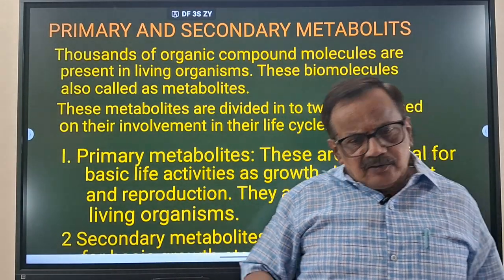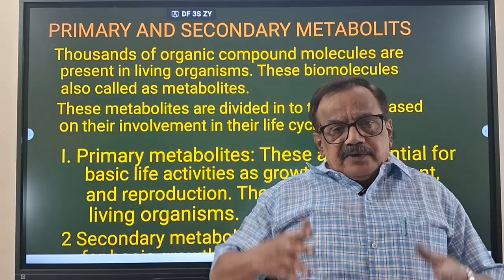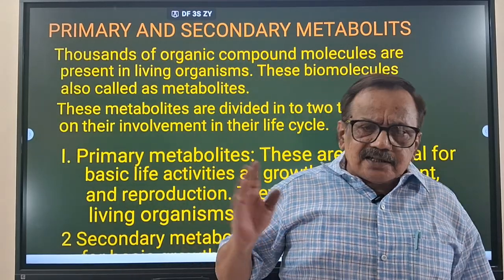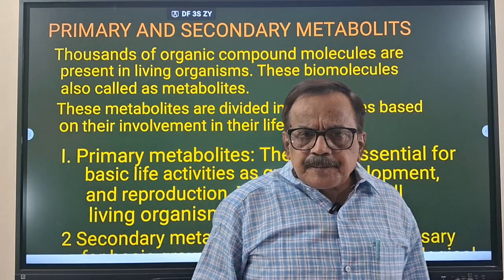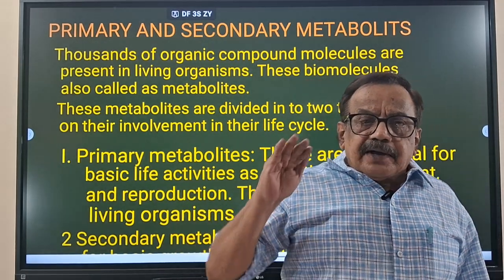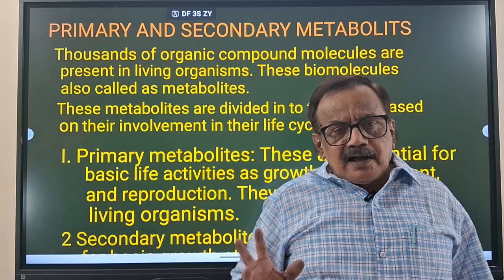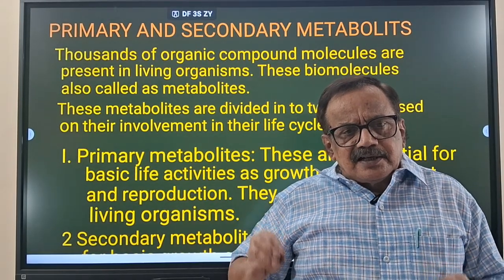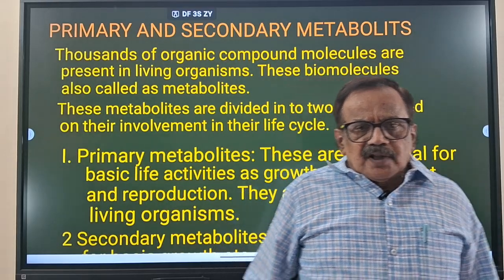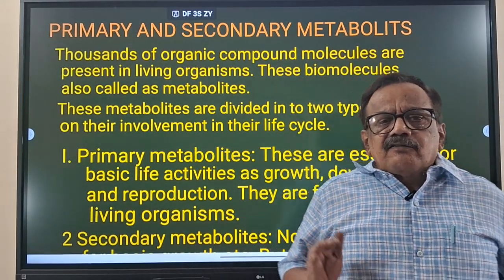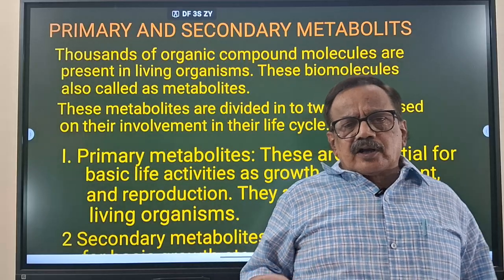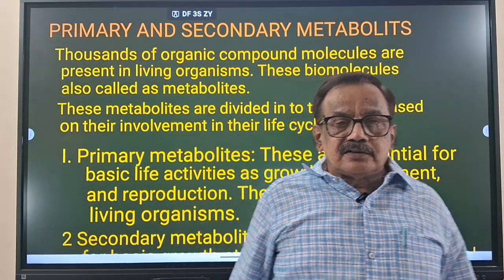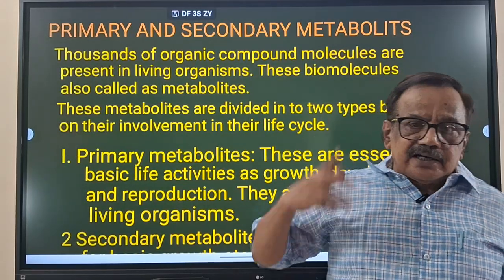Growth must be there, and development means stages from the young stage to the maturity stage and the fruiting stage. Finally, reproduction. All these are the basic fundamental duties of the living organism, and whatever biomolecules or metabolites are involved in them are called primary metabolites.